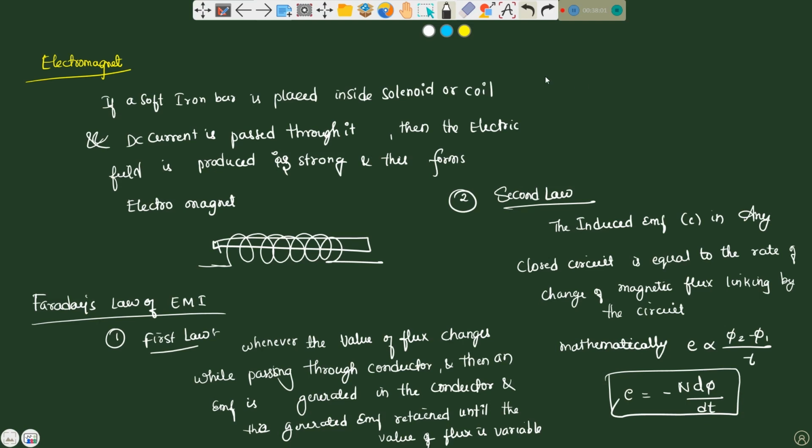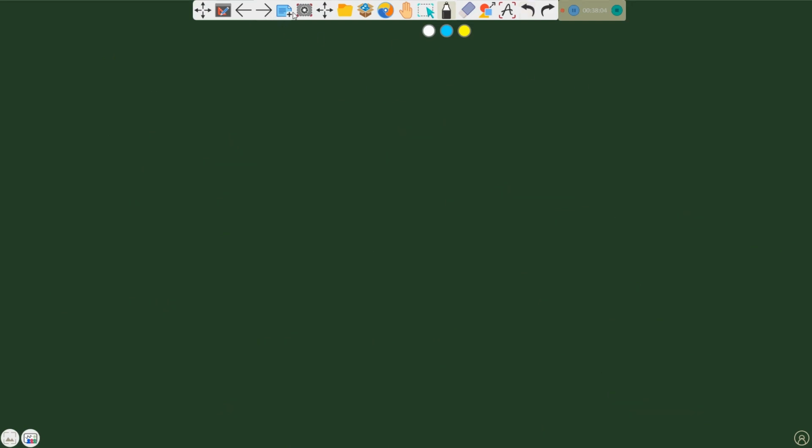Here E is nothing but EMF in volts, n is nothing but the number of turns, then we have d phi, the rate of change of flux, then we have dt, time in seconds.